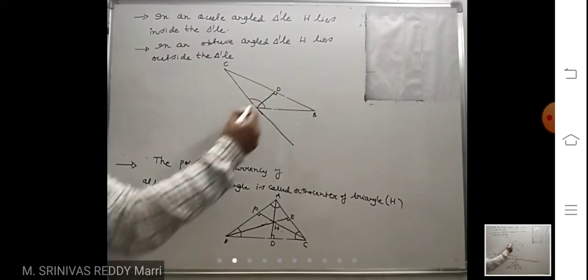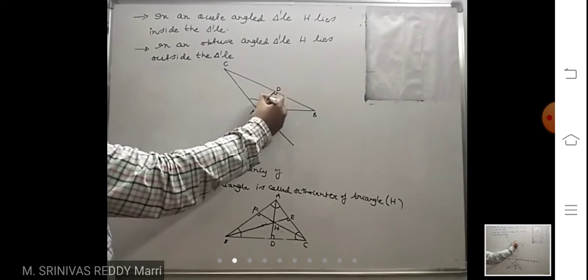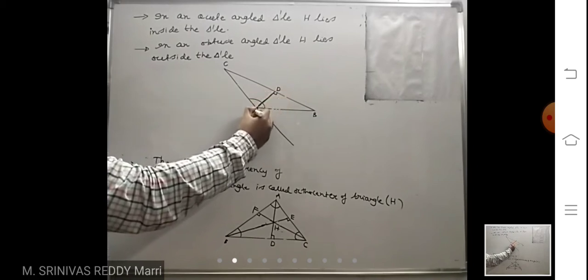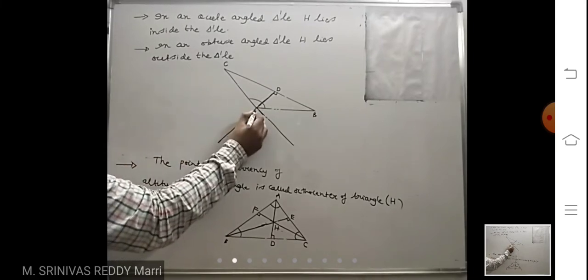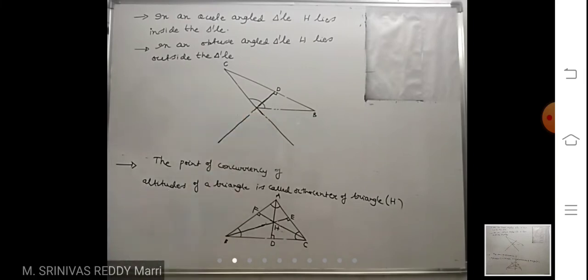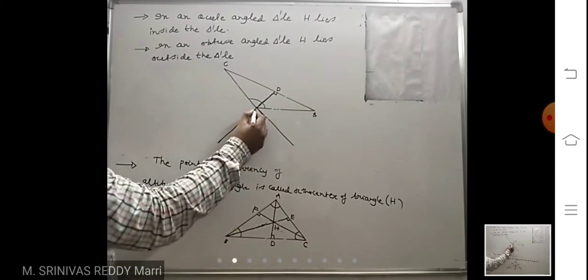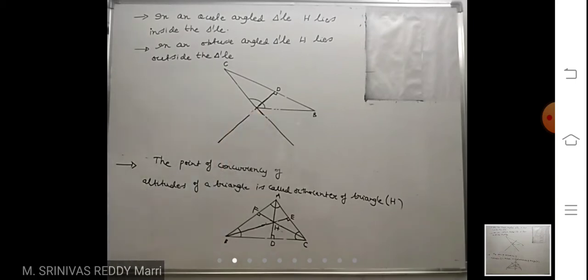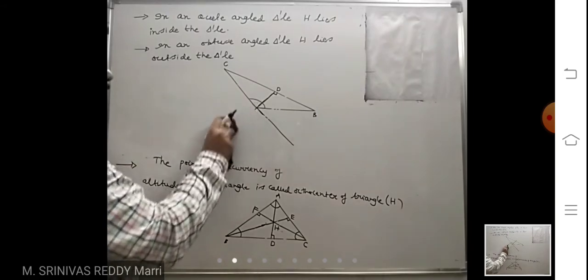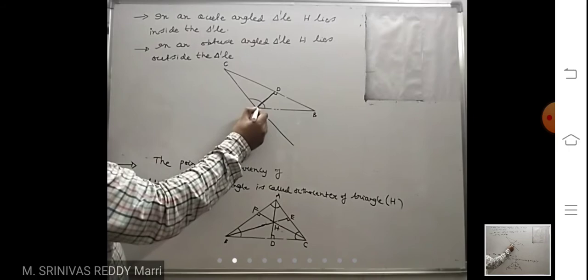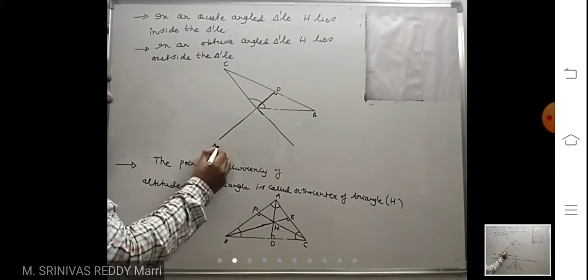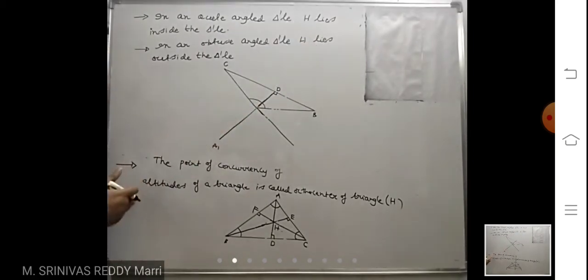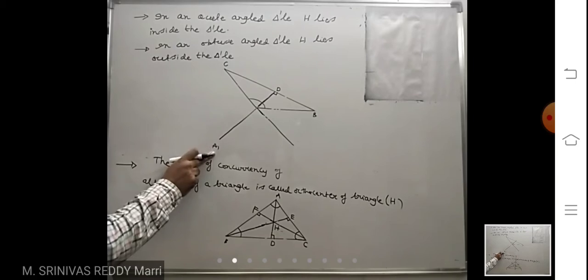This is one altitude line. This altitude line I am extending like this. This is A1, meaning altitude 1.